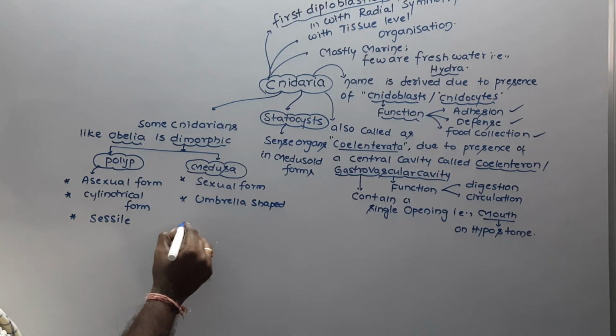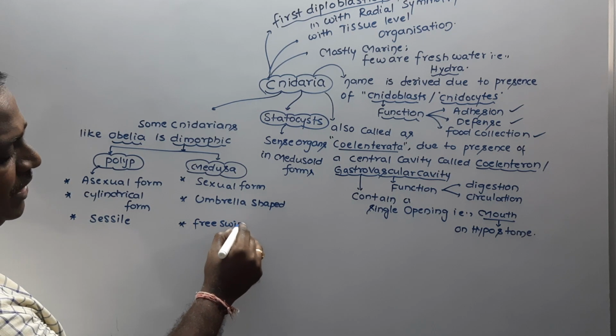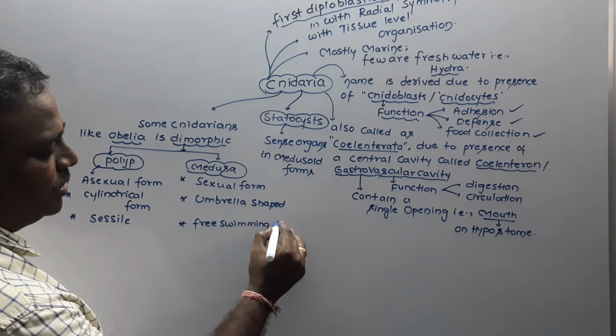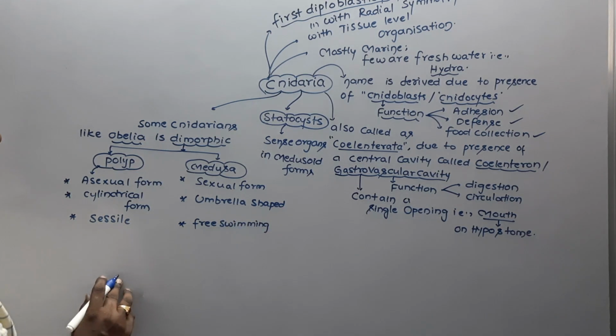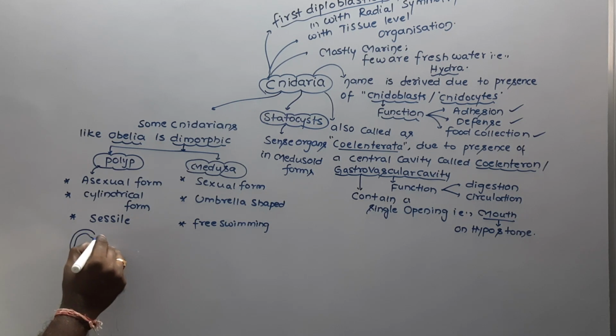And what about this here, sessile? Here it is said to be free swimming. What is the free swimming stage of the Obelia? Medusoid stage, free swimming. If you take the body, it appears like this.